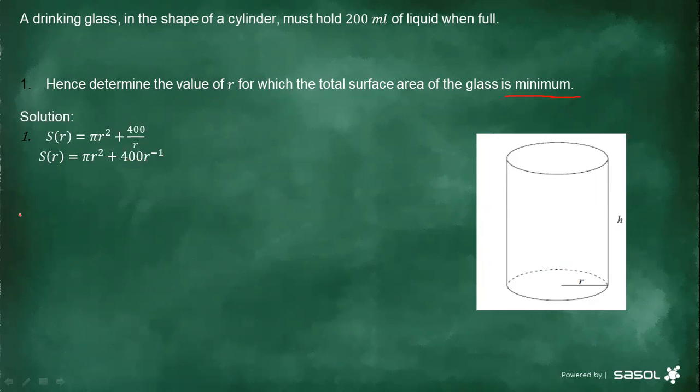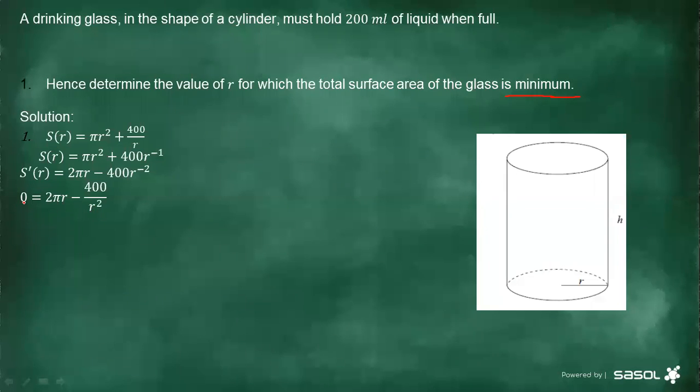Then the derivative: it's going to be 400 over r squared now, because the exponent is no longer negative 1 but negative 2. Because we want to solve for r and we have a fraction, to get rid of it you can multiply each term by r squared.